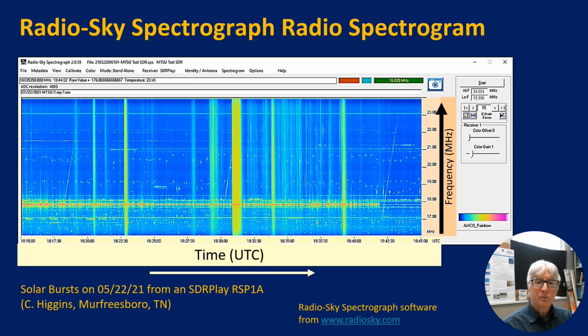The near vertical bands of green and yellow represent solar radio bursts of varying intensity. The horizontal bands represent local interference or nearby or distant radio transmissions.